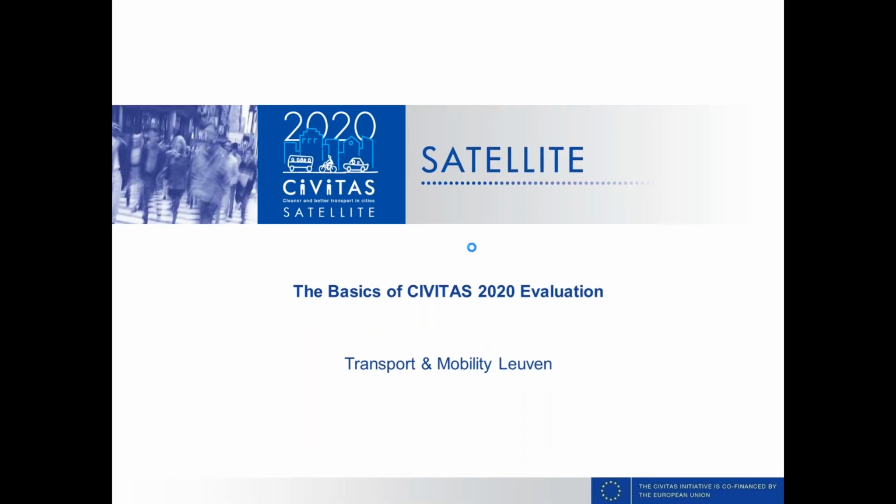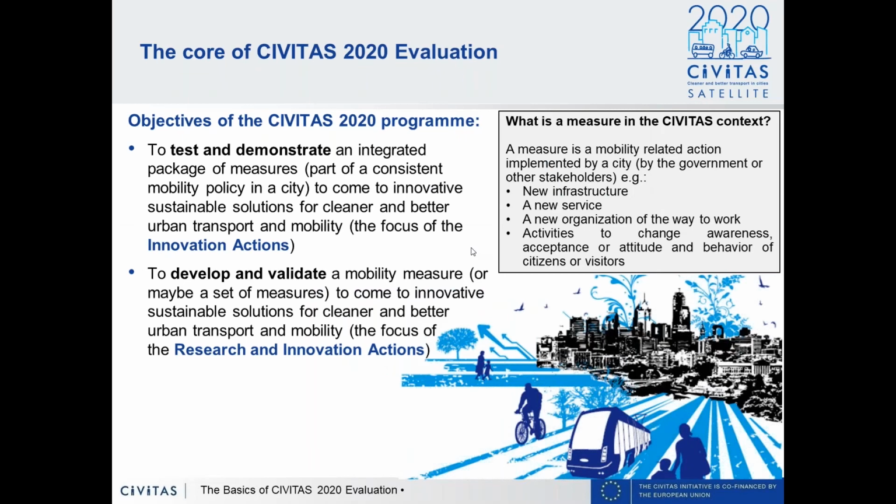So starting to talk about evaluation, our context is CIVITAS, and we have the large CIVITAS family, which was extended some years ago. Initially, it was mainly a family of projects in which cities demonstrated and tested integrated packages of measures, maybe 15, 20 different measures in a city, and looked at what's really happening in that city.